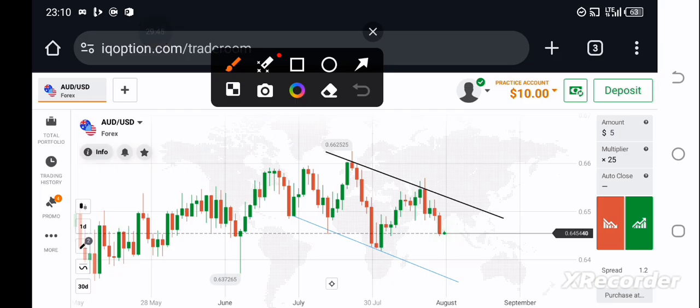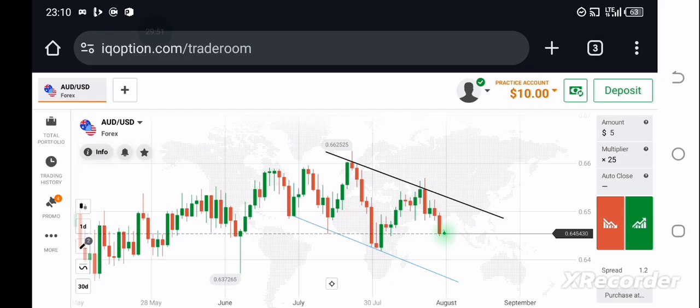It is now moving in a channel on a daily chart, you can see. So if you are going to use this to open a position, you can just open a position for maybe 2-3 hours, or until the market completes its channel, looking at it from the higher time frame.